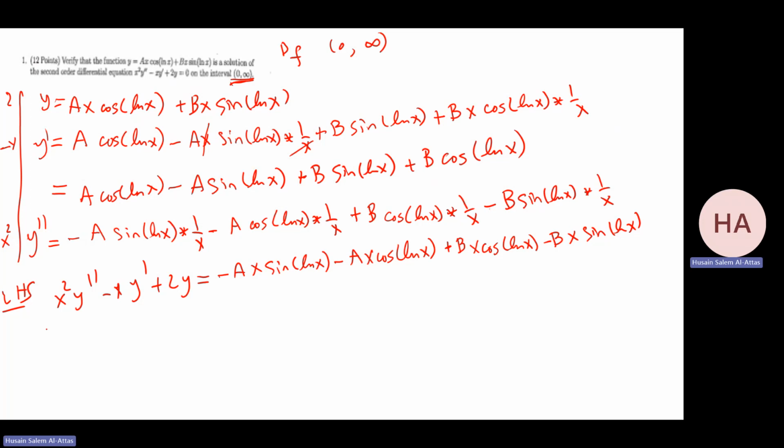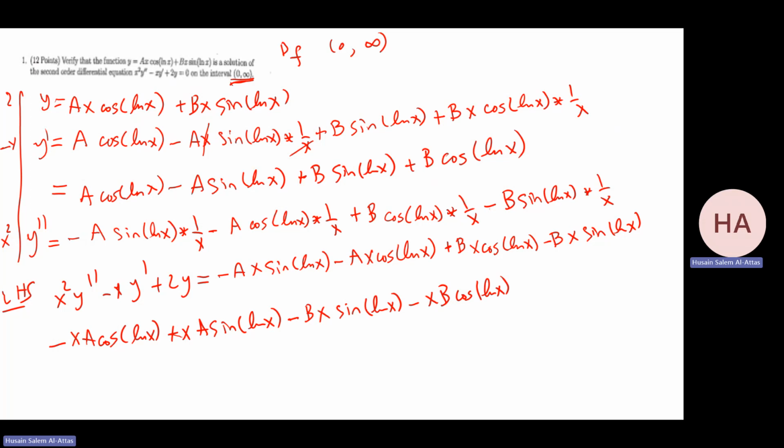Okay, minus, multiply x by all of this: x a cosine ln x plus xa sine ln x minus bx sine ln x minus xb cosine ln x.